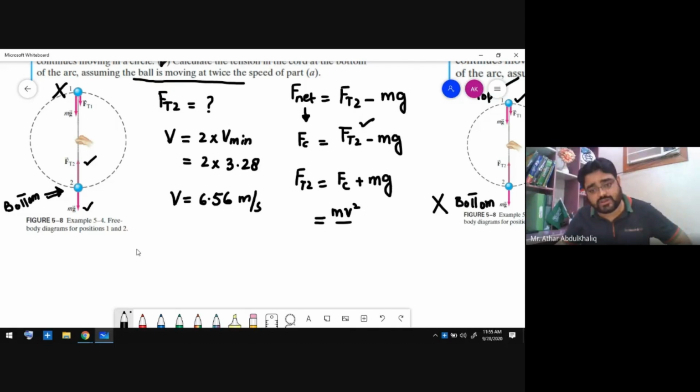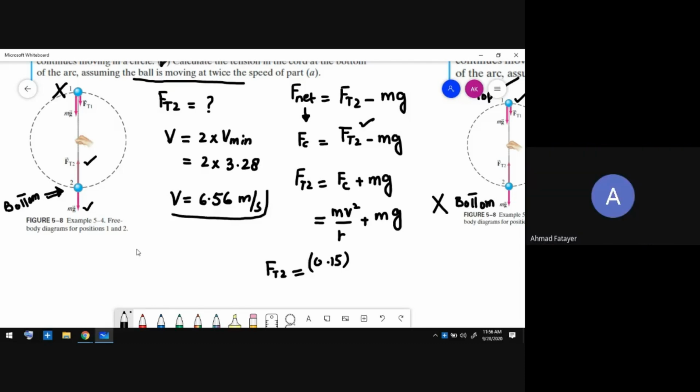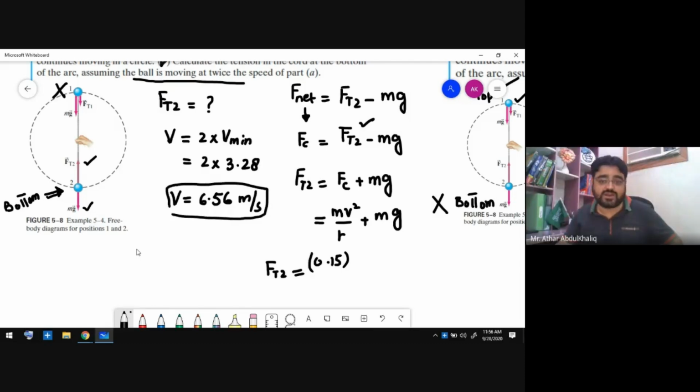mv squared over r plus mg. Now just substitute the values and give me the value of Ft2. 0.150 into what is V? V is 6.56 because we are talking about the bottom.